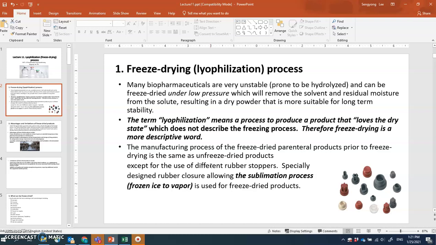You can remove it by sublimating the water crystals. Sublimating means you can change the frozen state of ice directly into vapor form without going through liquid form. So you can vaporize crystallized water, and then remove the water molecules in vapor form. That's what the freeze drying process is. That's how the process works.